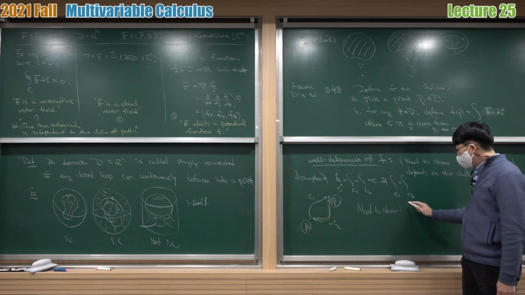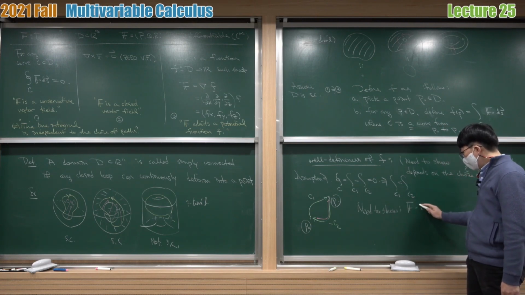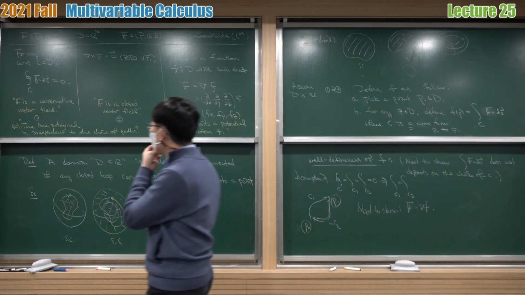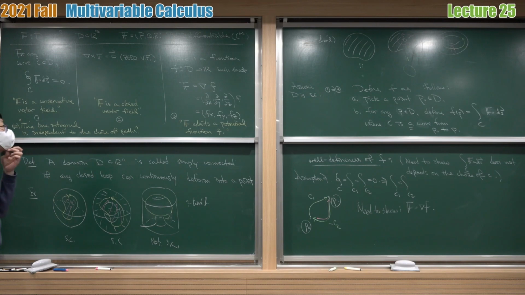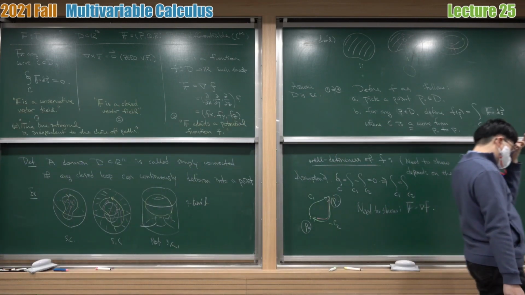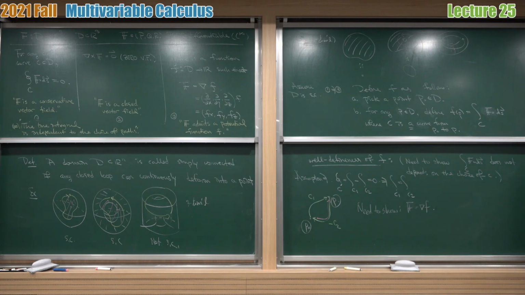Next step is to show that our given F is equal to the gradient of f. Let's think about the case here. We have a point p and we have p0.